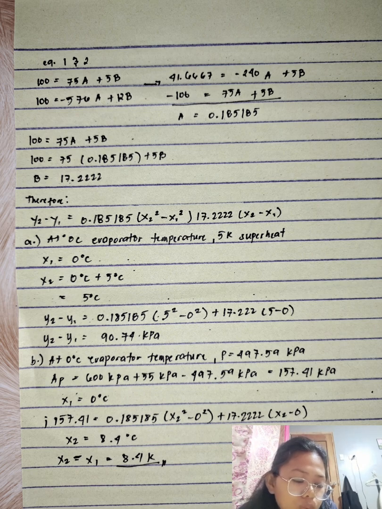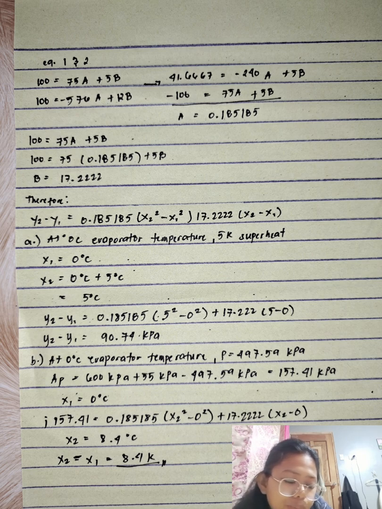So y sub 2 minus y sub 1 is equal to 0.185185 multiplied by 5 squared minus 0 squared, plus 17.222 multiplied by 5 minus 0. And we have our answer: 90.74 kilopascal.